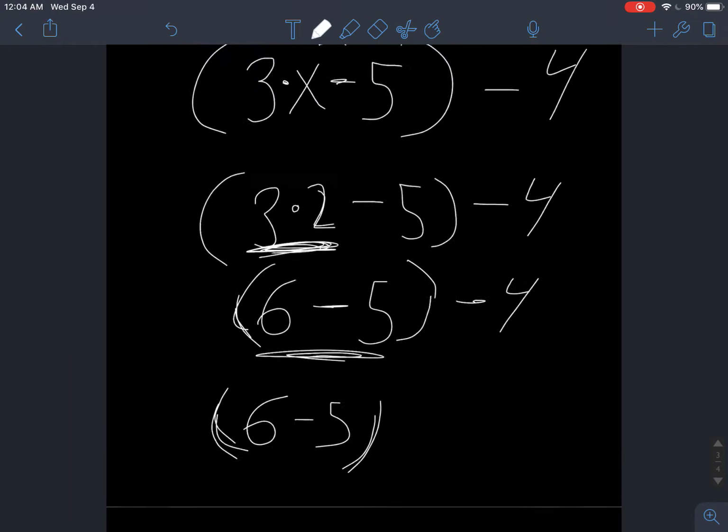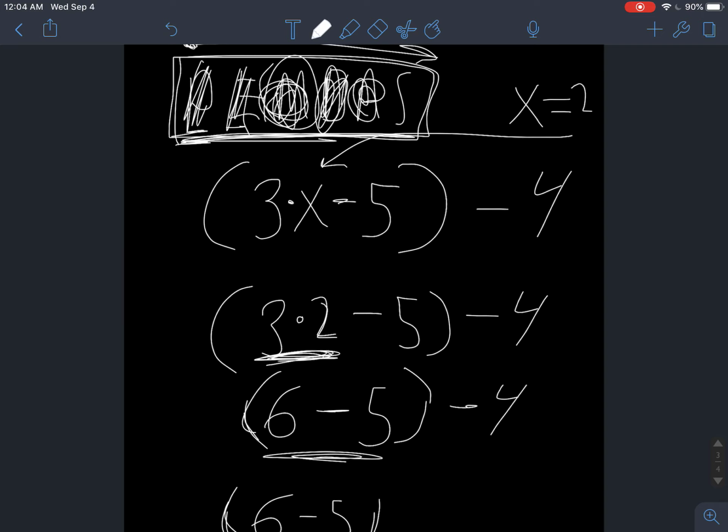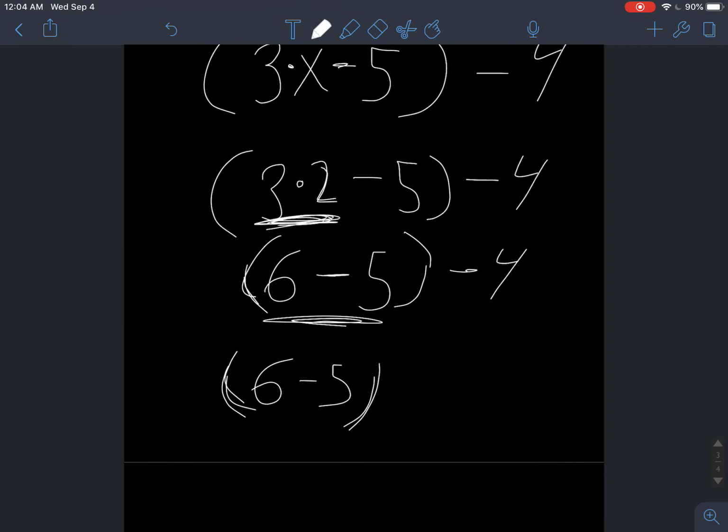But remember, we were inside the parentheses. We have to do whatever is inside the parentheses first, but we also have to apply the PEMDAS rule, it's called order of operations. You have to do that. So 6 minus 5 is 1. Once you have a single number inside the parentheses, you can just get rid of the parentheses. 1 minus 4, that will give you negative 3.